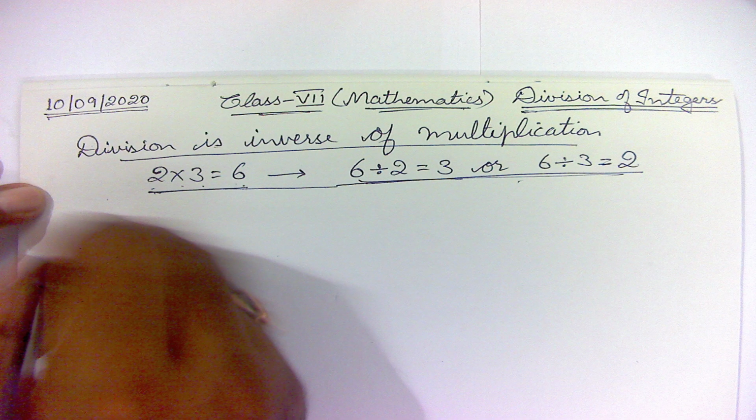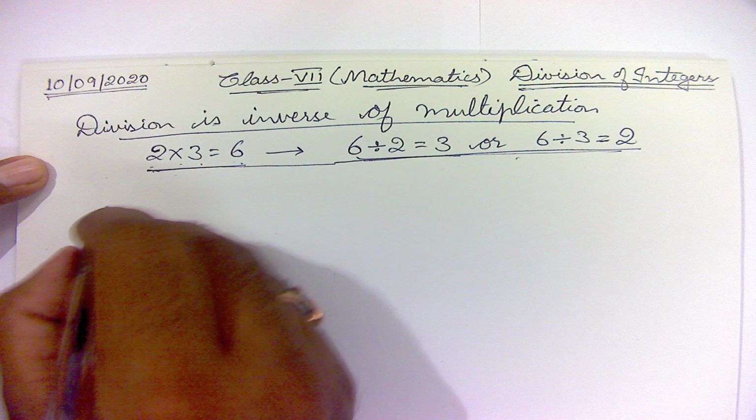Now there are a few points which you have to keep in mind when we are dividing integers, because integers can be negative and also positive. First of all, the number which we divide is the dividend.